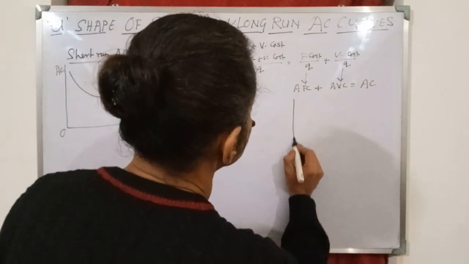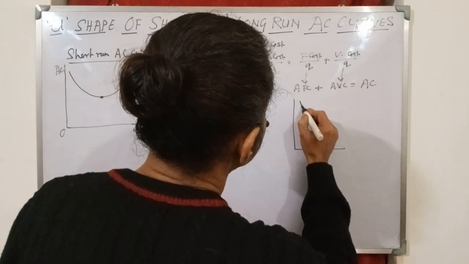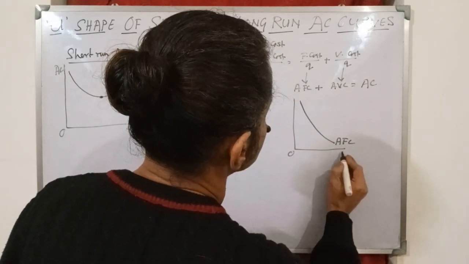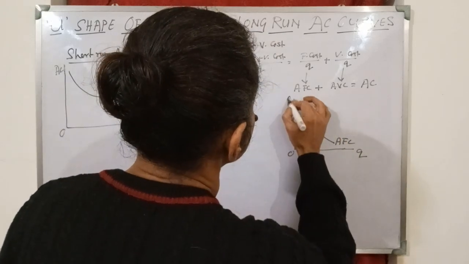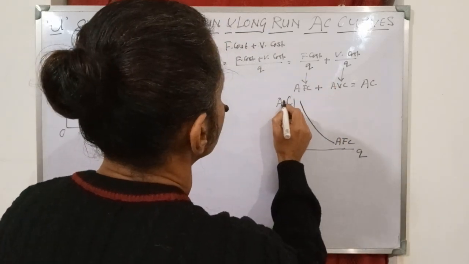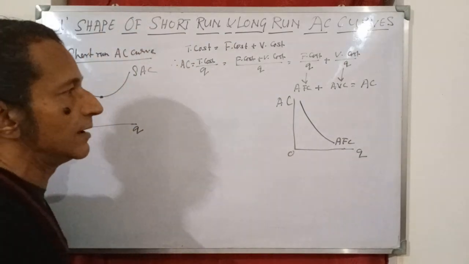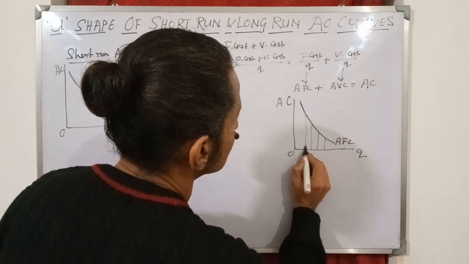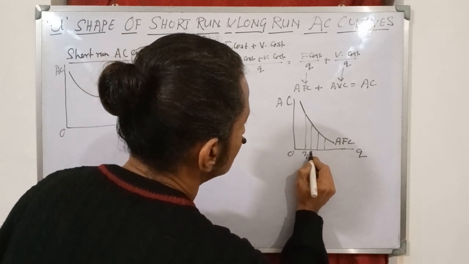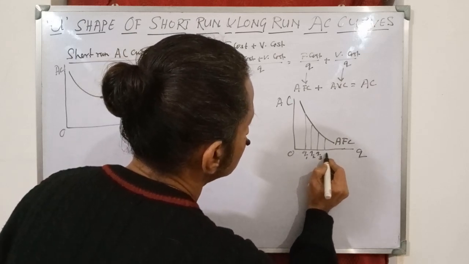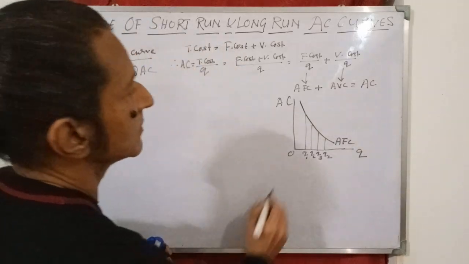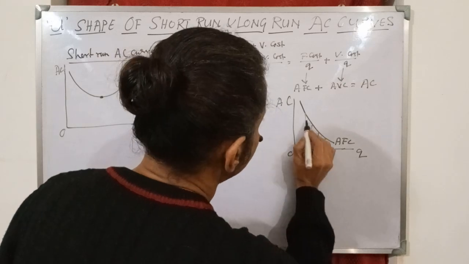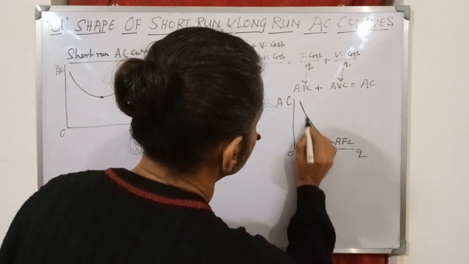So in the short run, this will be the shape of average fixed cost. This is AFC. As output increases from say Q sub 1 to Q sub 2 to Q sub 3 to Q sub 4, the total cost increases, but average fixed cost comes down.